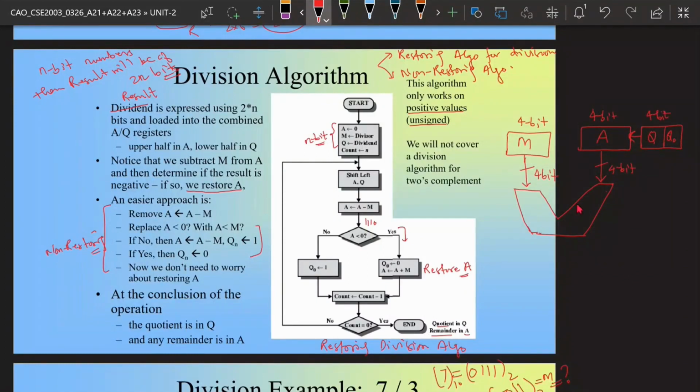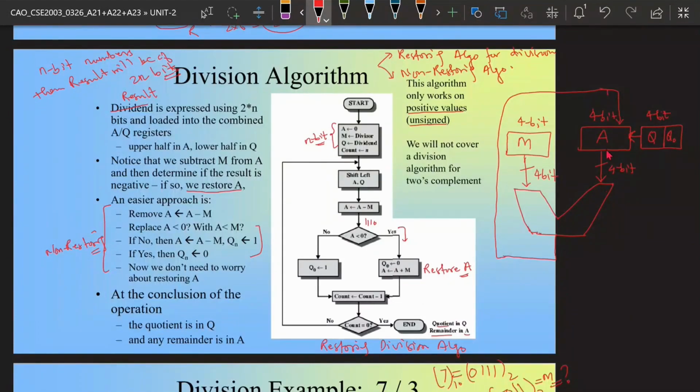Once we have done the addition or subtraction, we should be comparing the result with the accumulator. We are going to check it.